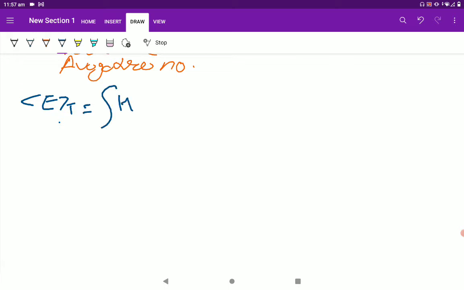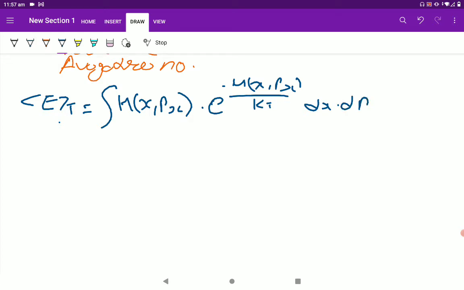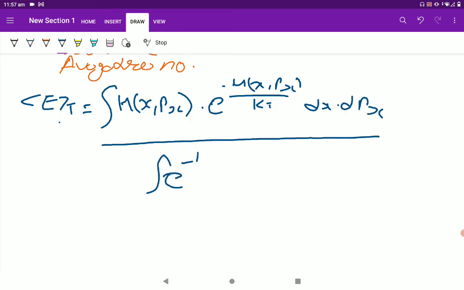That is, this is the phase space, which is a function of position and momentum, multiplied by the probability of the atoms having that energy, that is e to the minus H(x, px) by kT dx dpx, and we also normalize by dividing by this integral, that is e to the minus H(x, px) by kT dx dpx.